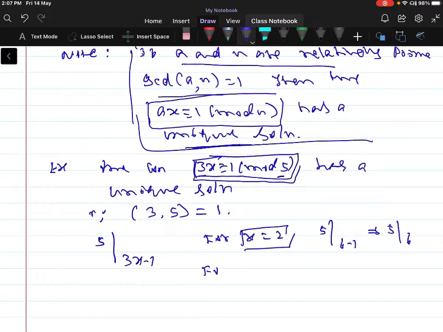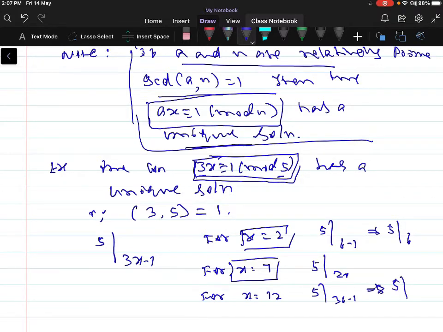Now for x is equal to 7, 5 divides 7 threes are 21, 21 minus 1 is 20, so 5 divides 20, therefore x equal to 7 is also a solution of this equation.